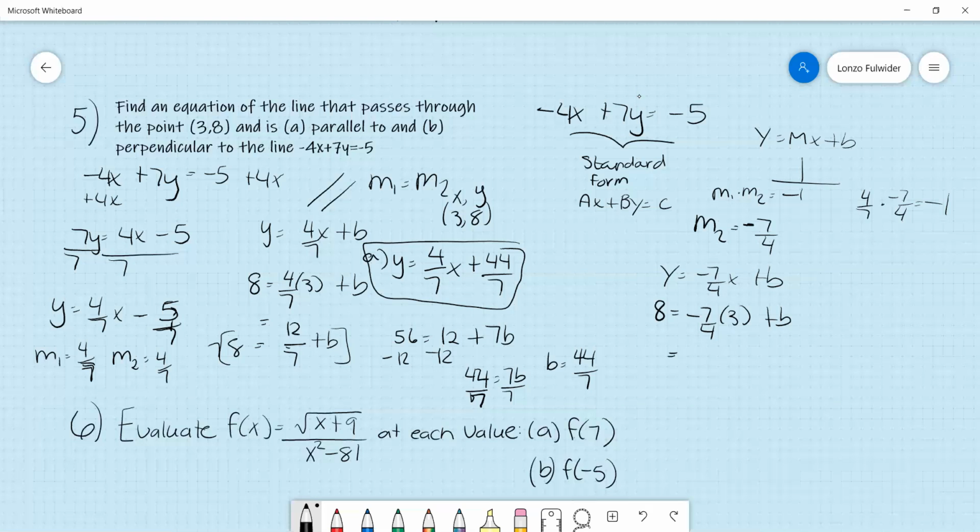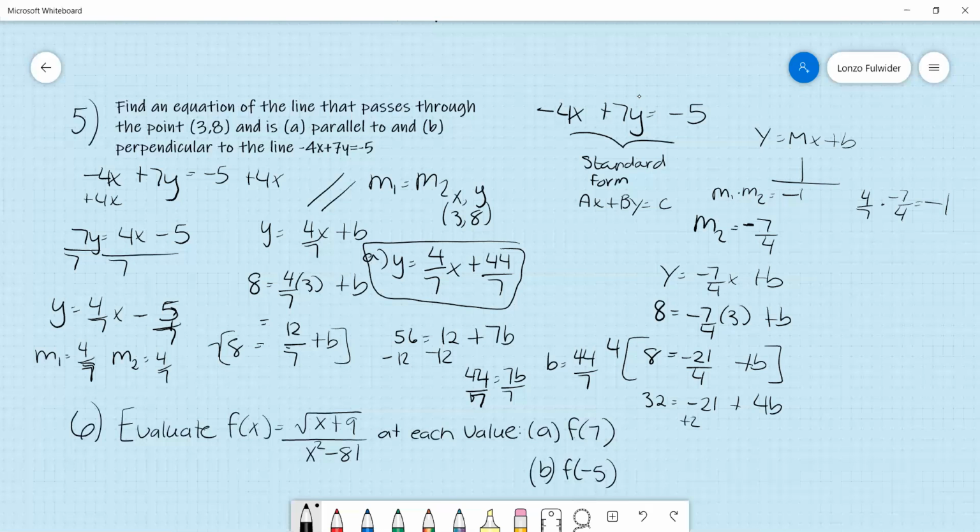So -7/4 times 3 is -21/4, and 8 plus b. I don't like fractions, so I've got to get rid of this. So I'm going to multiply everything by 4. So 8 times 4 is 32. And 4 times -21/4, the 4 cancels, so you're left with -21, plus 4 times b, which is 4b.